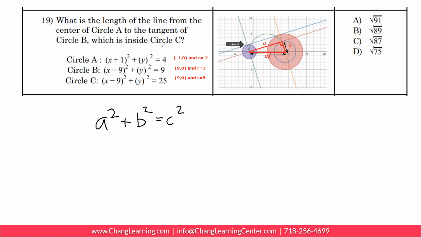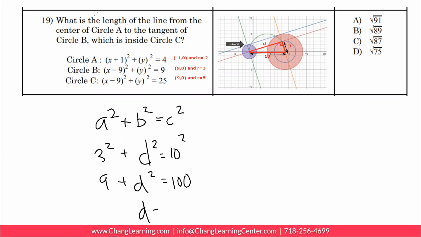So now we have 3 squared plus d squared equals 10 squared. So 9 plus d squared is 100, and d squared is 91. So d is the square root of 91, and the correct answer is A.